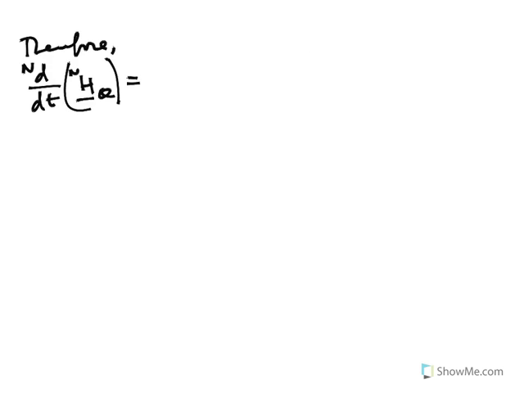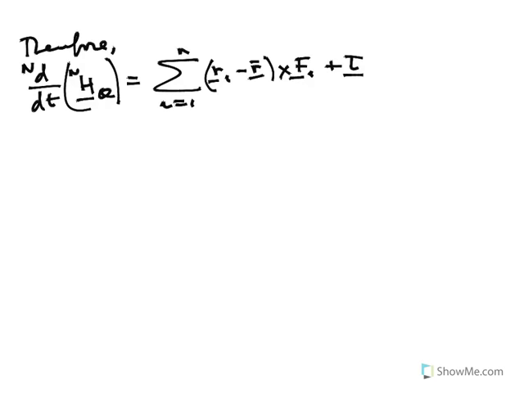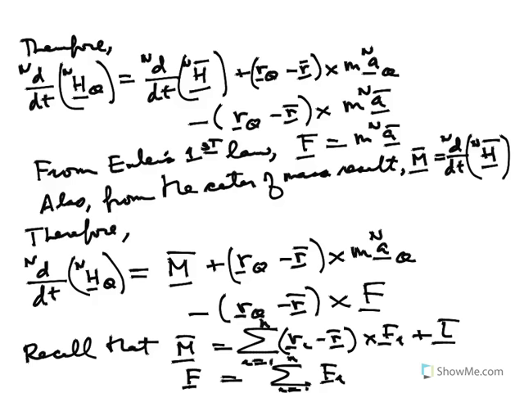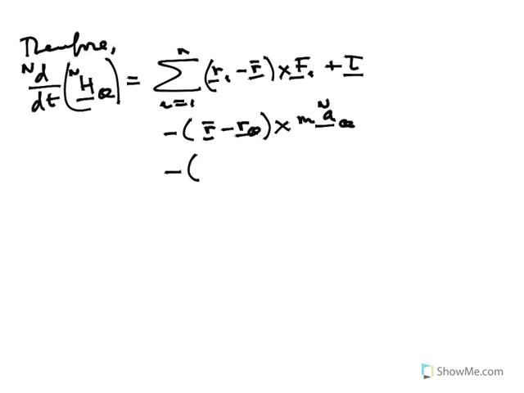Sorry, there's a torque there. So here we get the sum from i equals 1 to n of (ri minus R bar) crossed with Fi plus tau. That's this term. And then, now I'm going to flip the sign here, I get minus (R bar minus RQ) crossed with M aQ in N. And then we have this last term here, which is minus (RQ minus R bar) crossed with the sum i equals 1 to n of Fi.